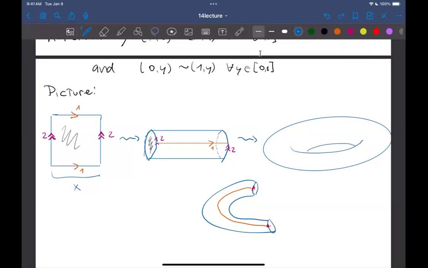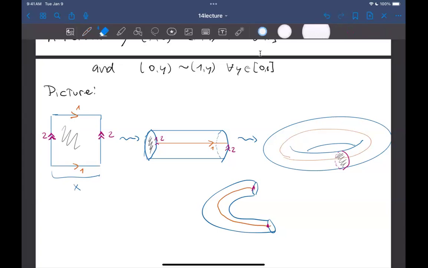Here's the donut. Here I will have my twos, and now they are together. I don't have two copies of this because I identified them. Let's color this with gray so that you can follow it. And now one will go all around. There you go. Okay, so that's how you get the torus.